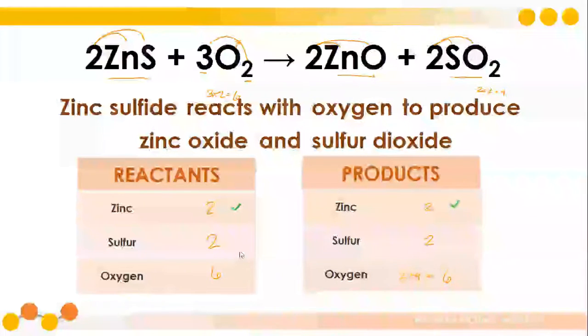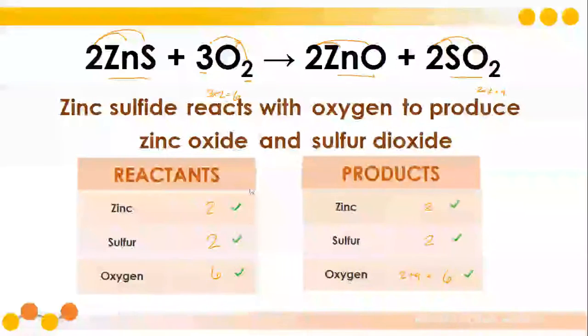For sulfur, you have 2 sulfur on the reactant side and 2 sulfur on the product side, indicating that they are balanced. Let's proceed with oxygen. Oxygen on the reactant side has 6 atoms. On the product side, there are also 6 oxygen. So this is also balanced.